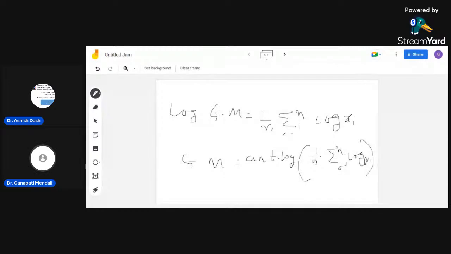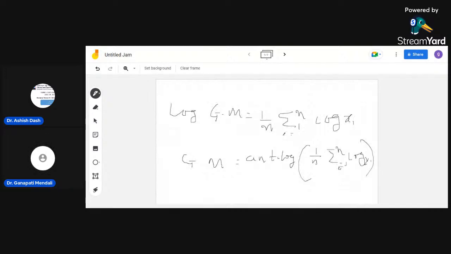The merit of this geometric mean is that it is very rigidly defined. The formula is very rigid. Again, it is based on all the observations. If we have two groups of the series, n1 and n2, we can also calculate the combined geometric mean.